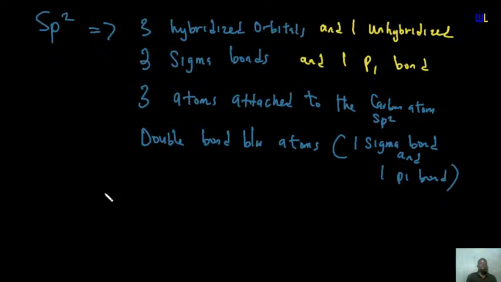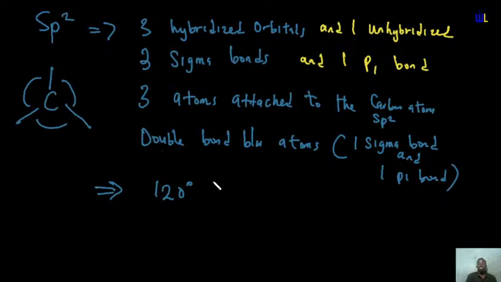Now, the next thing we are going to get into is the bond angle. sp2 hybridized carbon atoms have a bond angle of 120 degrees. That's exactly why sp2 hybridized carbon atoms are usually drawn as planar structures or triangular structures. Each of these angles is 120 degrees.